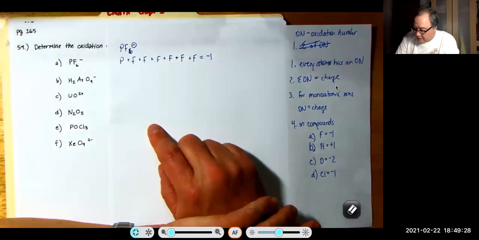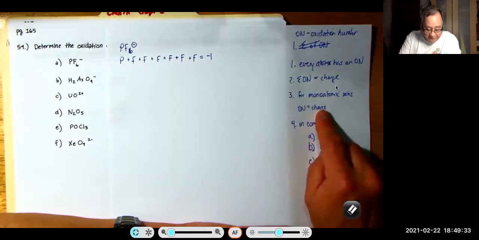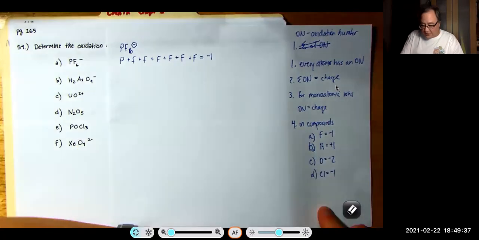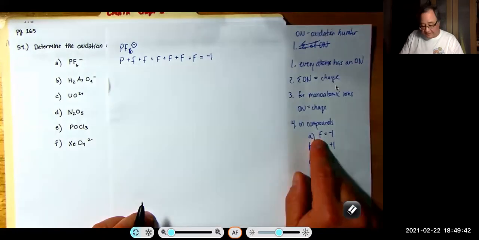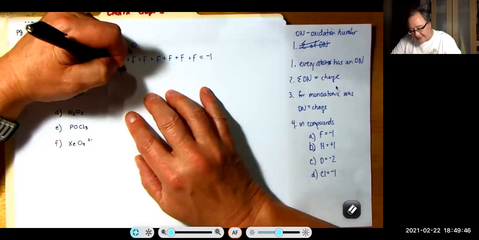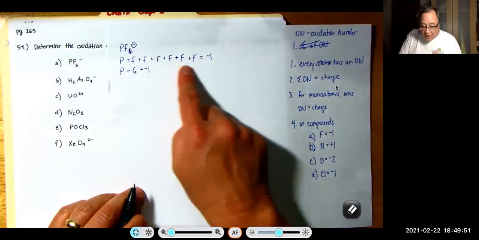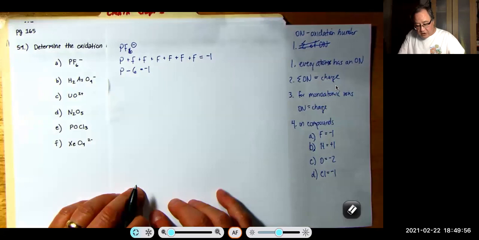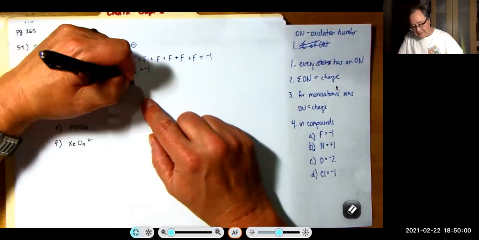So when we look at these for monatomic ions, well, there are no ions here. In fact, none of these have ions, so we can skip rule number 3. So number 4, we apply fluorine is a -1. So this becomes P plus 6 times -1 is -1. Because if each of these fluorines is a -1, then 6 of them would mean -6. So by default, then phosphorus has to be +5.